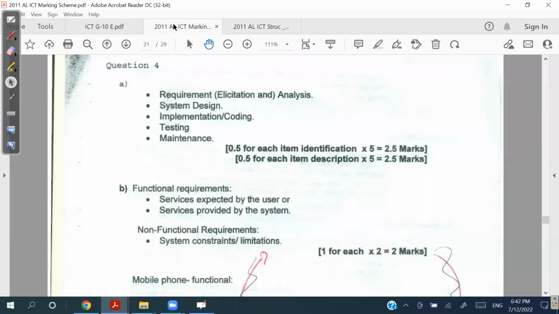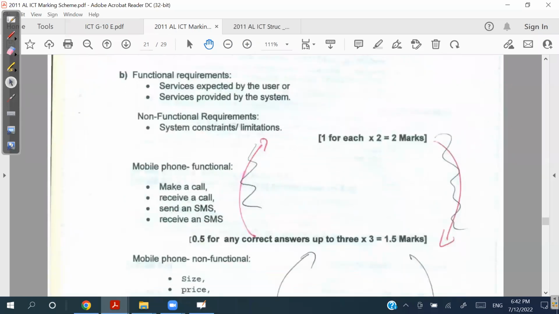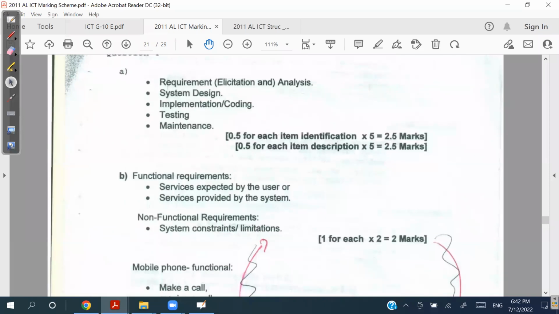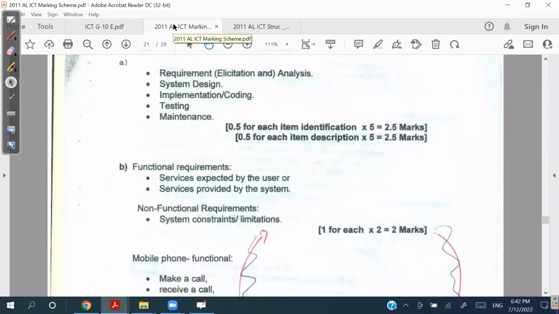Now here they have given a very brief answer, right? The software model has more than this, so the description is also given down. The waterfall model has identifying the requirements and the analysis as the second phase, right?